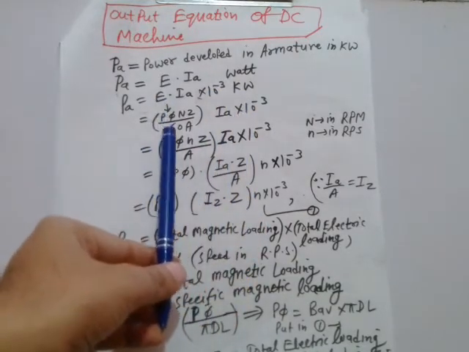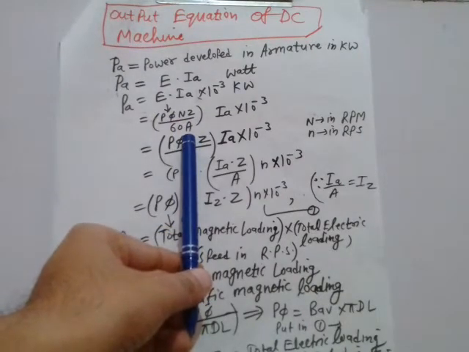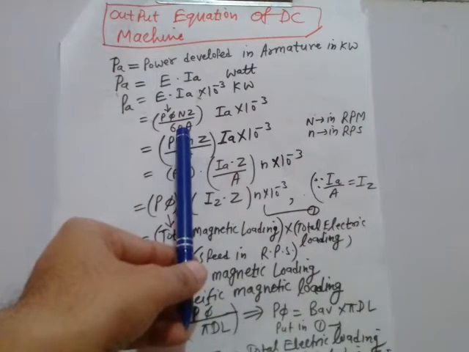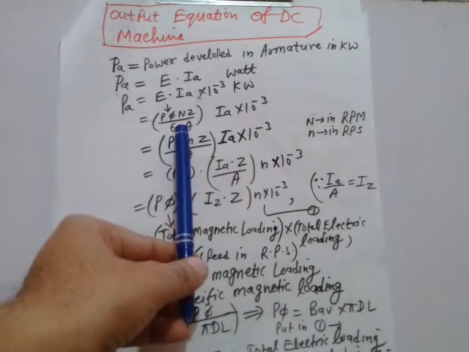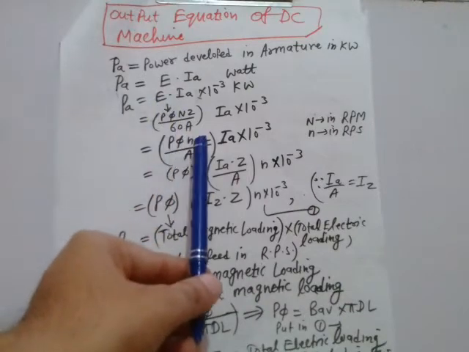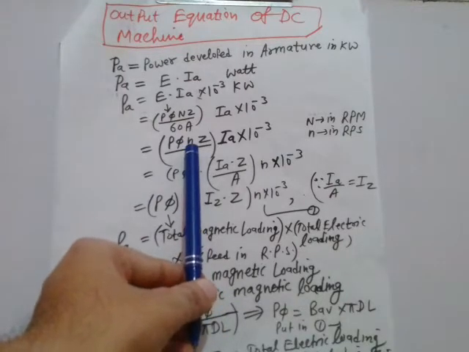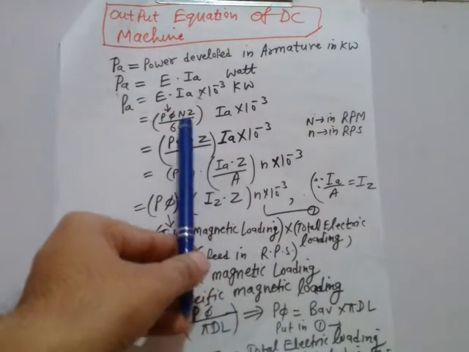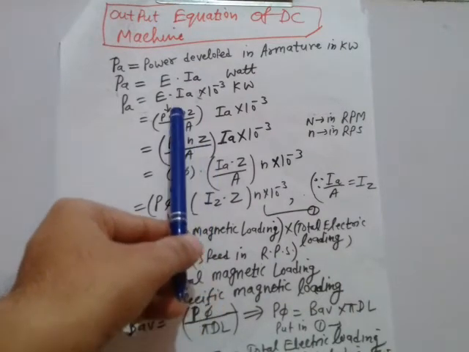Induced EMF in DC machine is equal to P phi NZ by 60A. You know this, we have derived this. Please watch my video on the derivation of DC machine EMF equation. Here small n is in revolutions per second, capital N is revolutions per minute, so small n is capital N by 60.